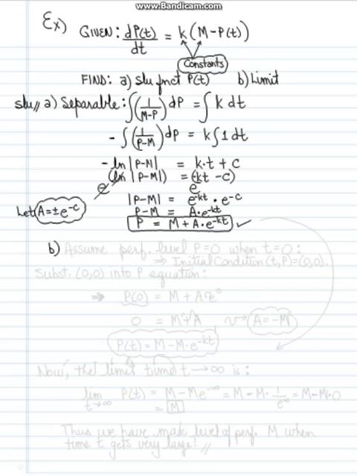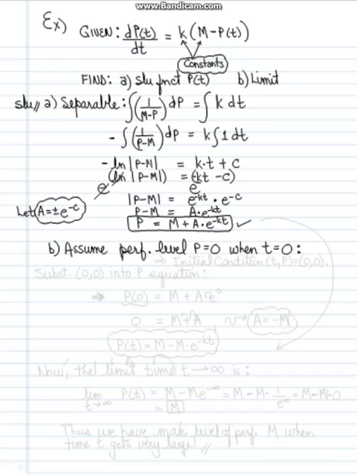Here we're going to assume something just from logic, that the performance level, which is what we call P, is going to be 0 when time studying or time working is 0.